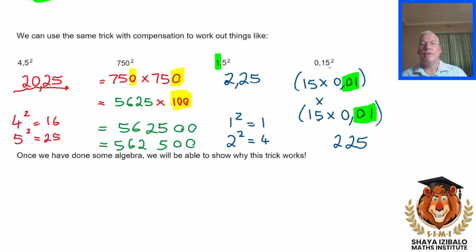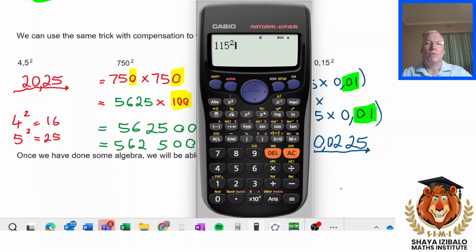So in other words, our answer is going to be, we're going to move the decimal point once, twice, 3 times, 4 times. That's going to be the answer, 0.0225. Let's check it. Okay, if we square 0.15, we get that, and if we get the decimal representation, there it is.